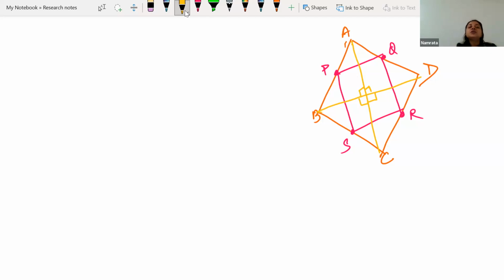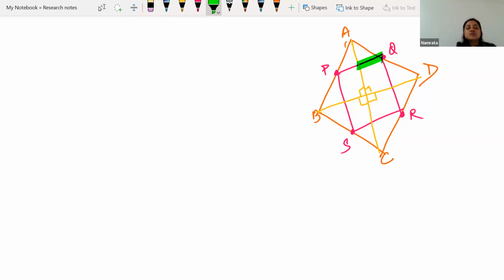After that, we need to take any one of the quadrilaterals from here. Either this one or this one or this one or this one. Any one of the quadrilaterals we can take from here. Why? Because we want to prove that an interior angle of this parallelogram is 90 degrees.